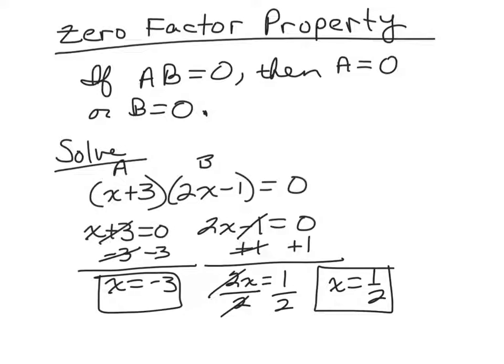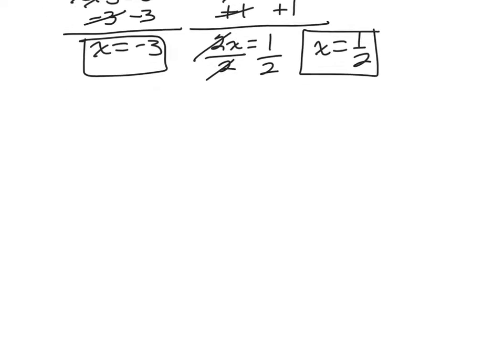Now let's do one more of those just to make sure that we've got the hang of that kind of problem. So let's say I had y times 3y minus 4 is equal to 0.